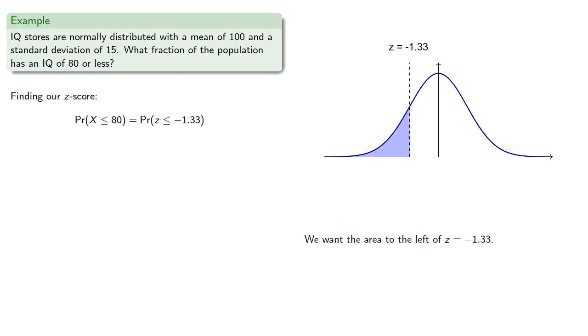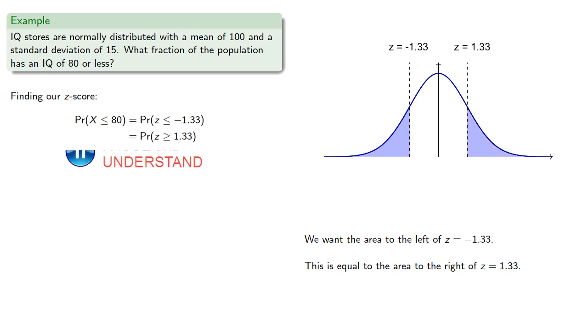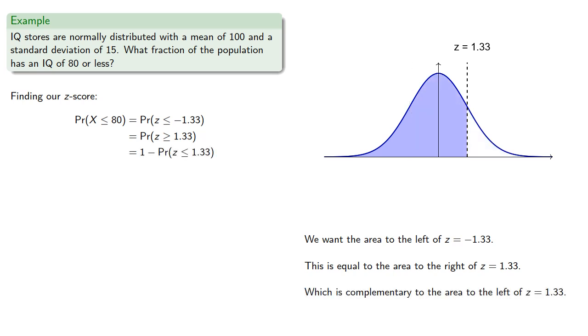So we want the area to the left of negative 1.33. This is equal to the area to the right of 1.33, which is complementary to the area to the left of 1.33. And so we can use our table to find. And so that means about 9.18% of the population has IQ 80 or less.